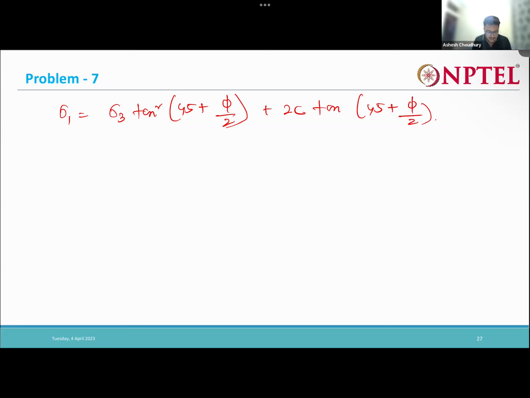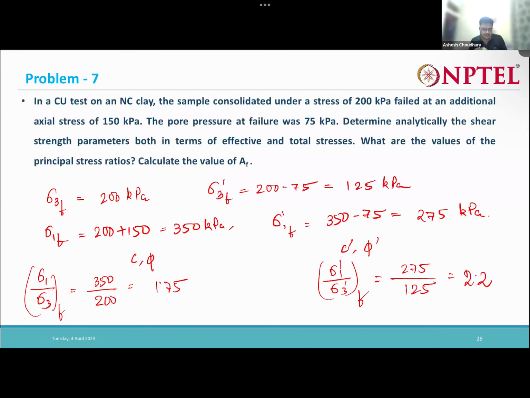Now, as this soil is NC, normally consolidated, what will be my C value here? It will be 0, right? We have studied that for normally consolidated clay, the C is 0.